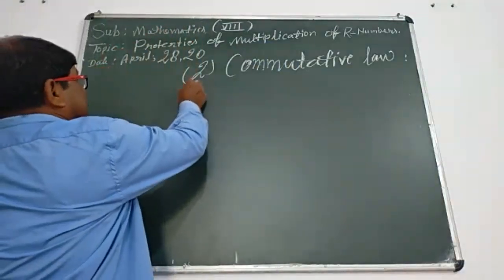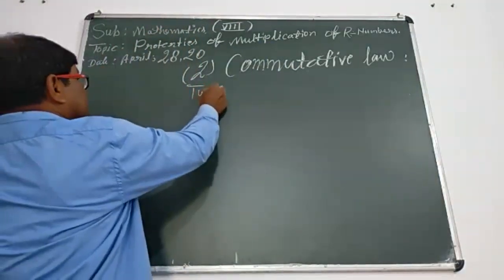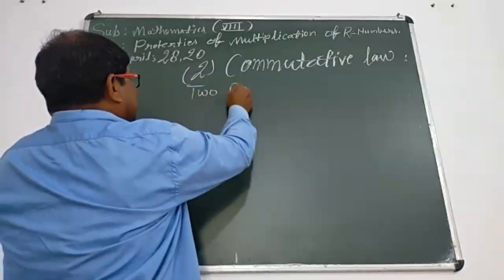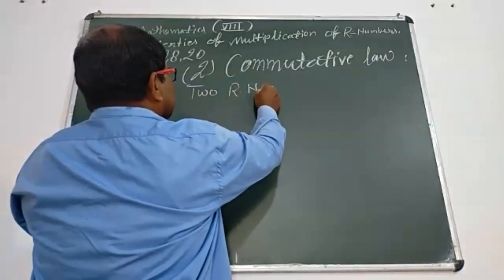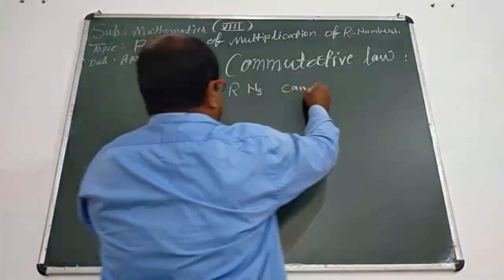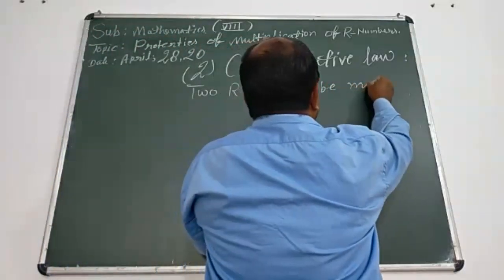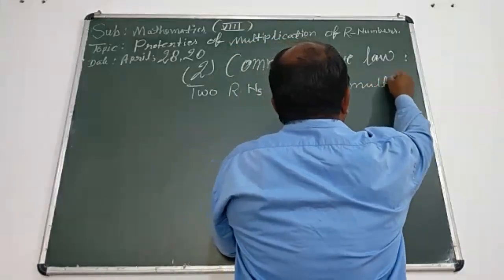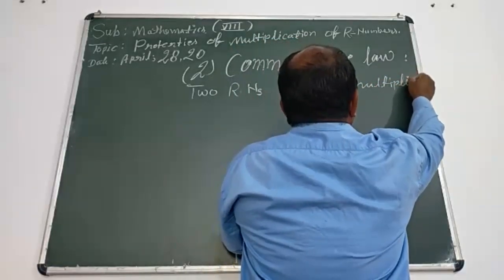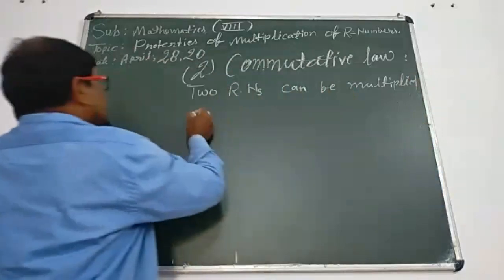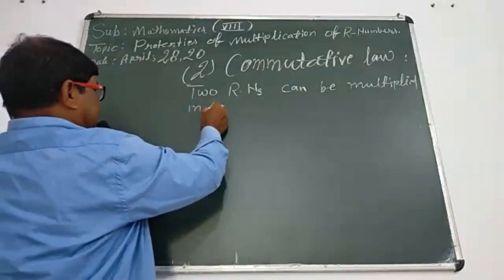Students, two rational numbers can be multiplied in any order.